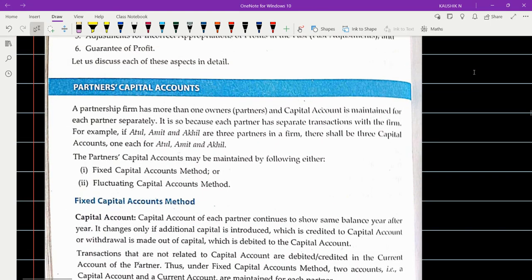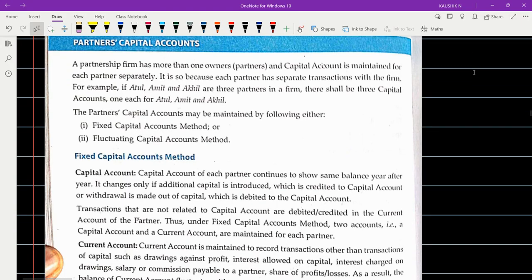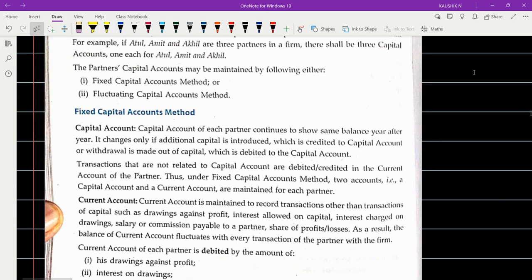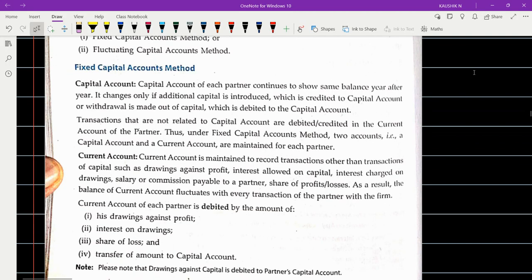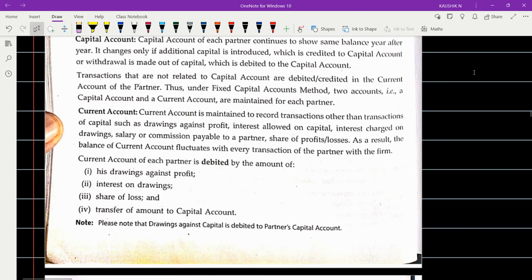So the next concept is going to be the partners' capital account concept. But this partners' capital account we have now understood with respect to your format. Let us keep a hold on this. Let's complete one more easy concept, called interest on partners' capital and interest on partners' drawings. Then we will switch over to the partners' capital account.